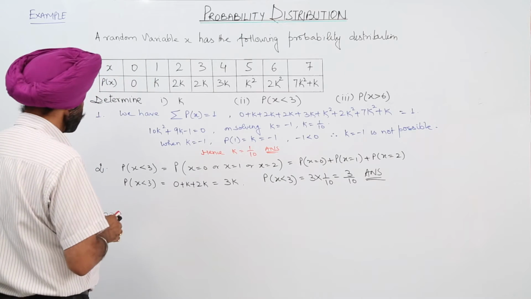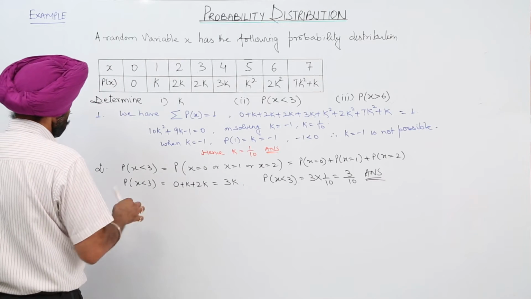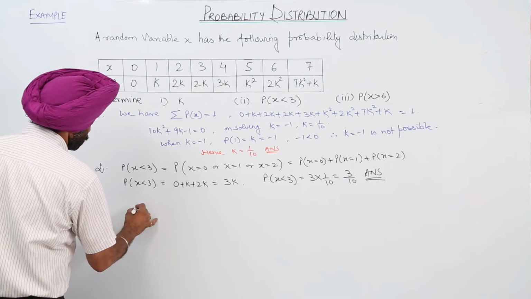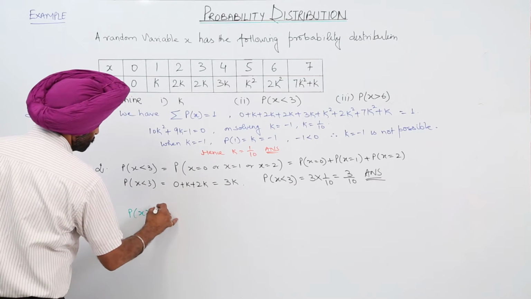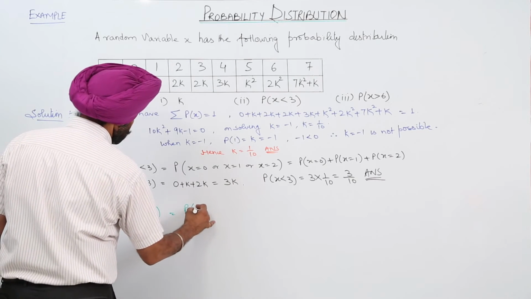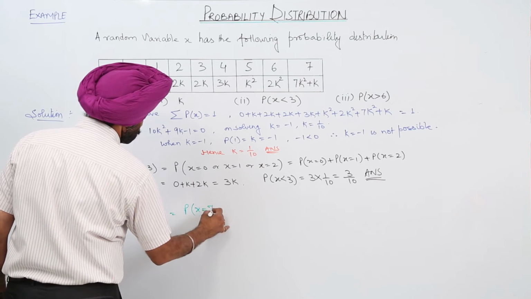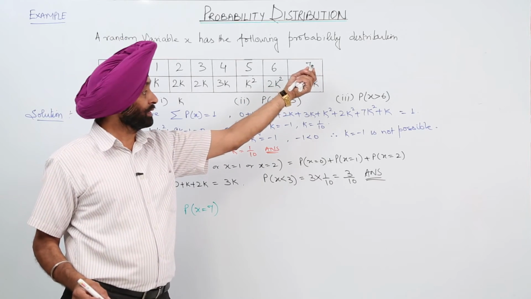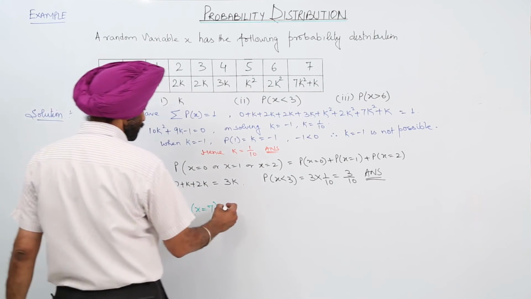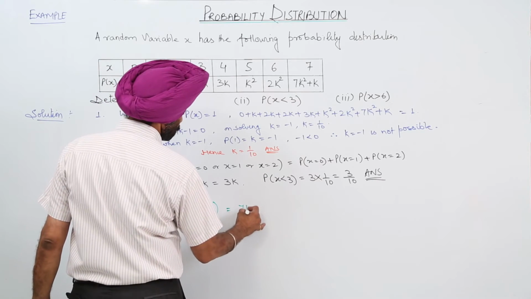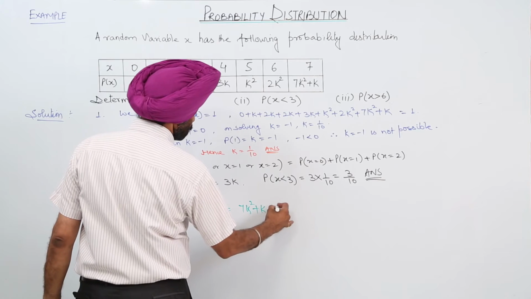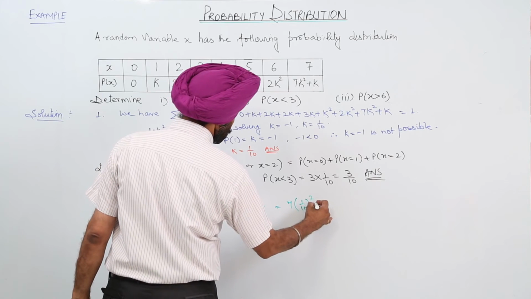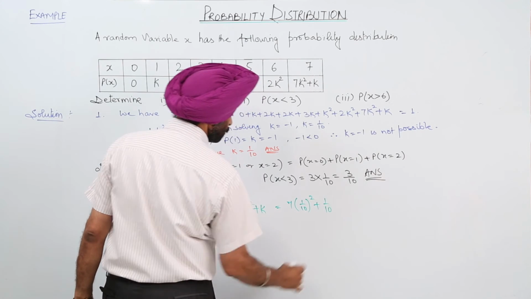Now, the third part. The third part is the probability for x greater than 6. Greater than 6, we have only one observation, that is x equal to 7. And at x equal to 7, what do we have? 7k square plus k, and this can be written as 7 times 1 upon 10 squared, plus 1 upon 10.